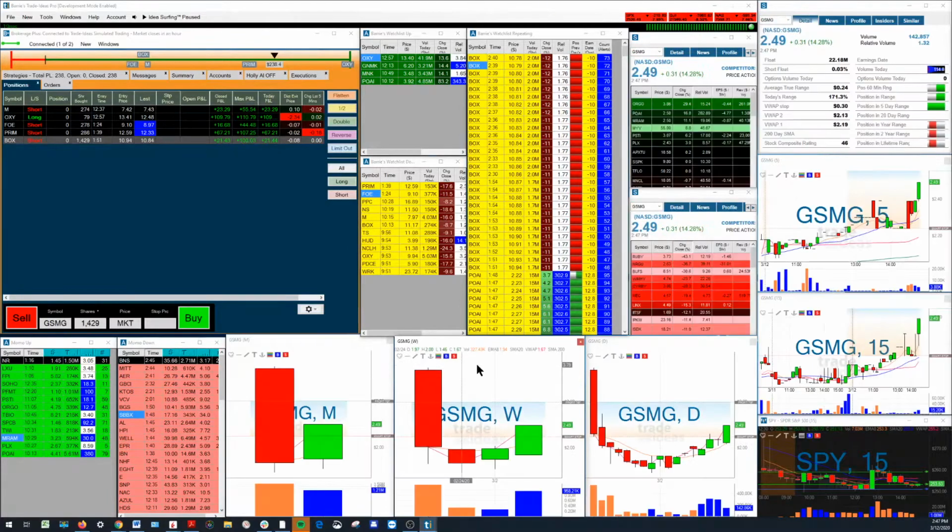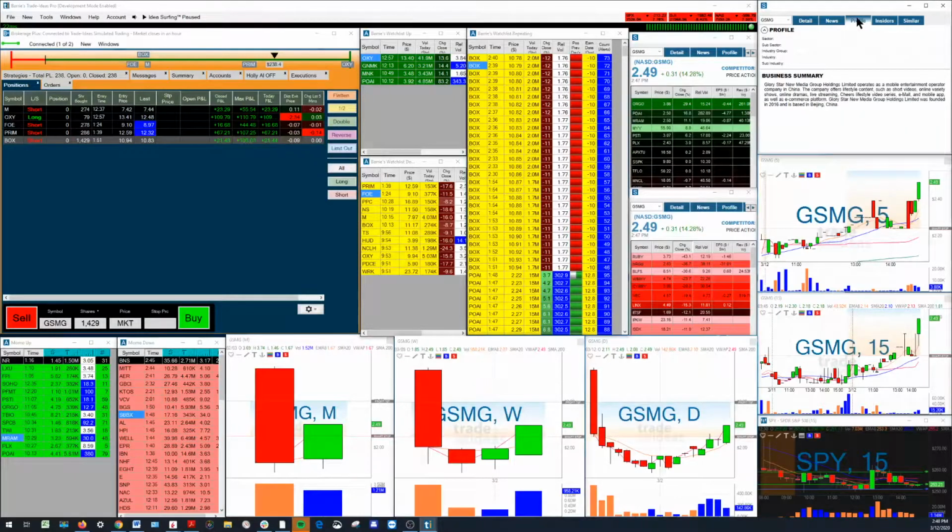There you go. So what is this, an IPO from the 19th? Was this an IPO? Or is it a symbol name change? Glory Star New Media. China, okay.